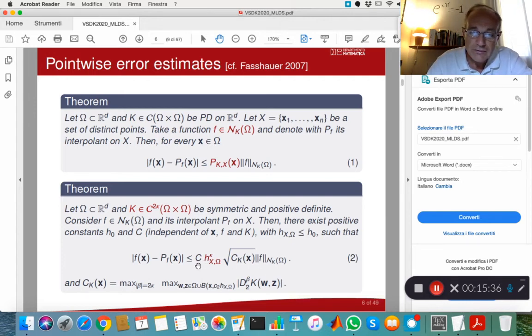And also, you see, there is a first part that depends on X, Omega, the kernel, and then there is another part that depends on the norm of the function in the native space. Okay.